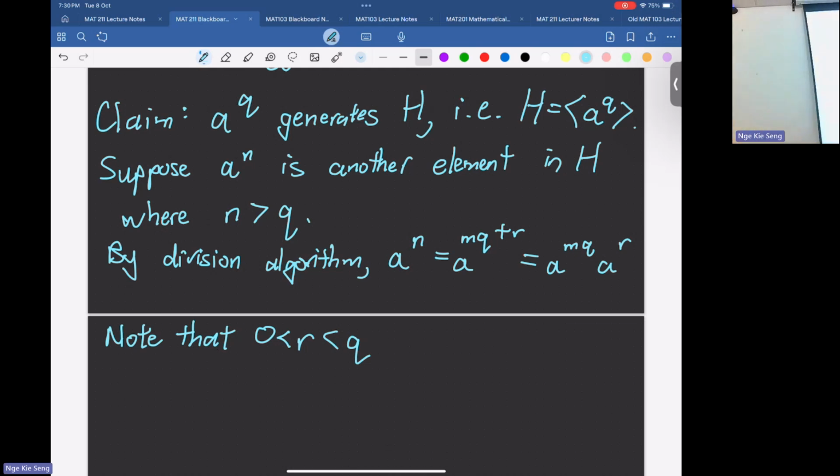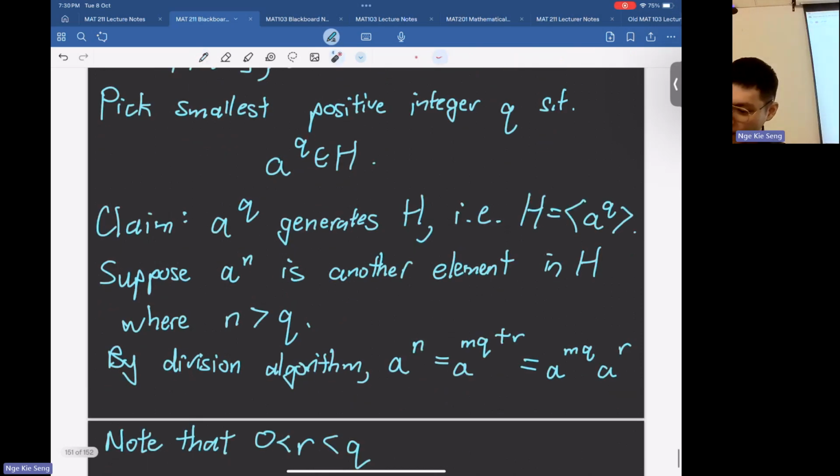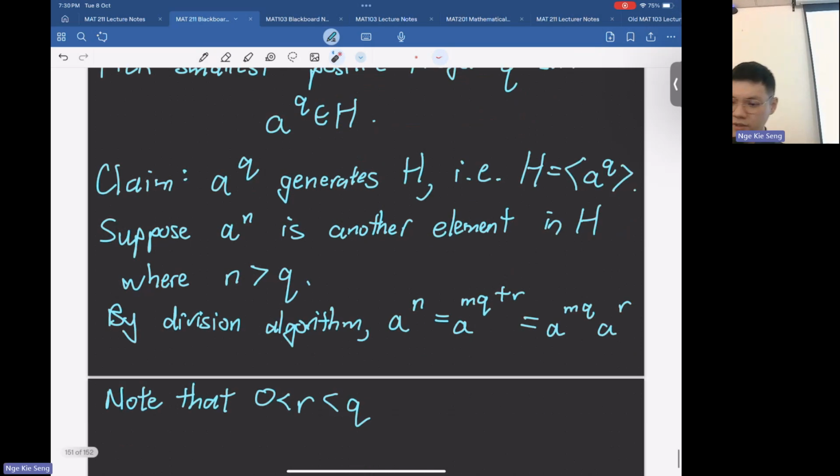But can A^r exist inside this set or not? Cannot, because q is the smallest positive integer such that A^q is in H. So this can be 0.